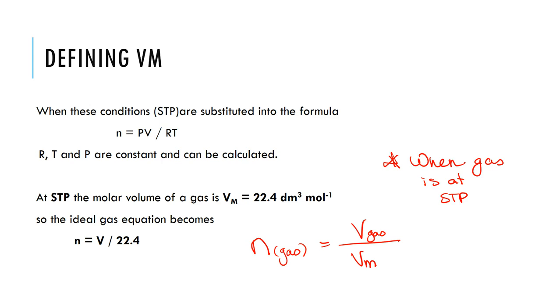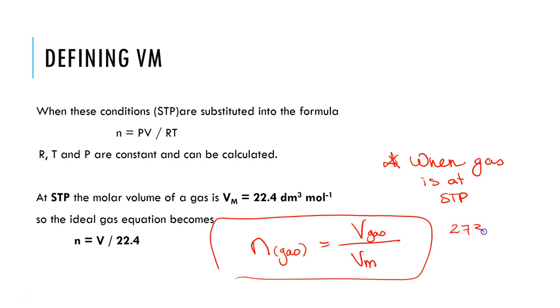If we set that temperature and pressure constant at standard STP, that is 0 degrees C and 100 kilopascals, or 273 Kelvin, we can use this one here, only at STP, remembering that STP is 273 Kelvin and 100 kilopascals. If these conditions are met, then we can use this, and this value is 22.4.